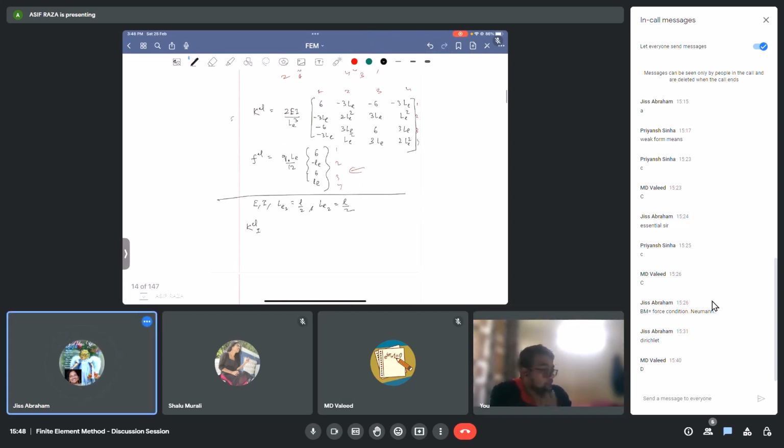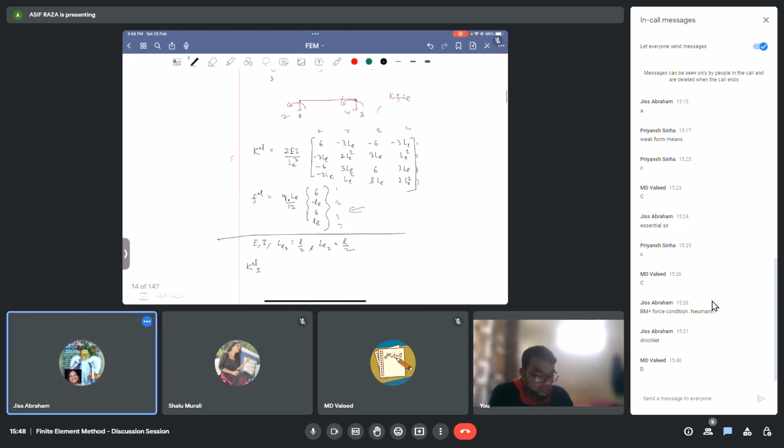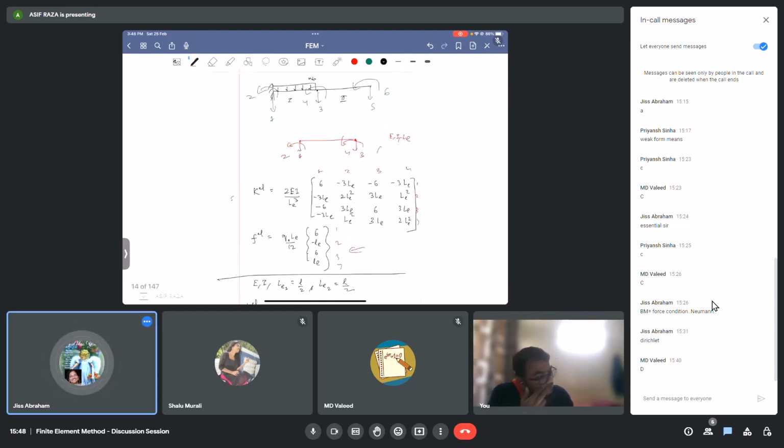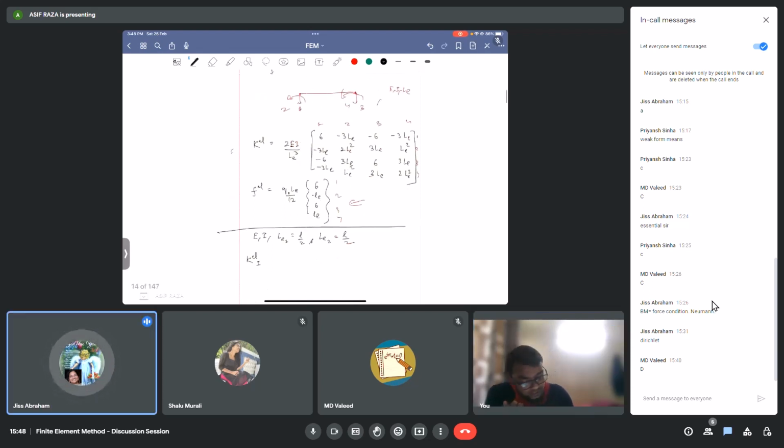It may be a blunder question, but that FEL matrix is applicable only when the member is carrying a UDL, right? Yes, I told you, WL squared by 12. The member may also carry a point load, right? Yes, good that we remember this.